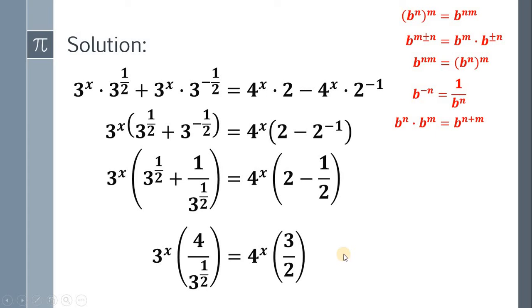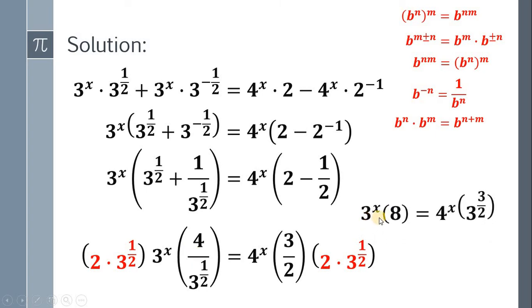To clear the fraction, we need to multiply both sides by 2 times 3 raised to 1 half. If we do that, we will get 3 raised to x multiplied by 8, because 2 times 4 will give us 8, and on the right hand side becomes 4 raised to x multiplied by 3 raised to 3 over 2. How do we get 3 raised to 3 over 2?